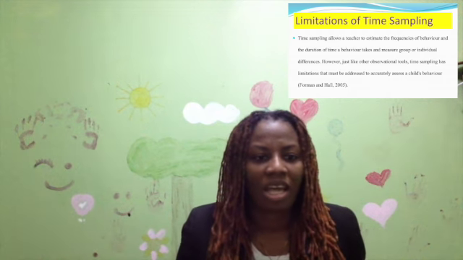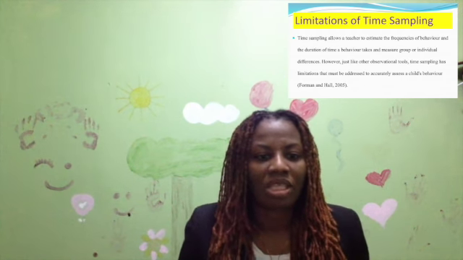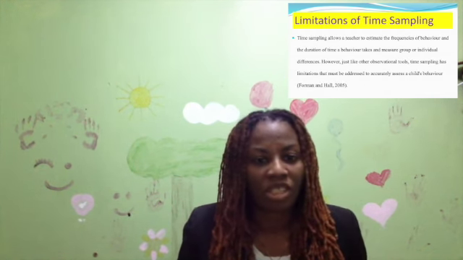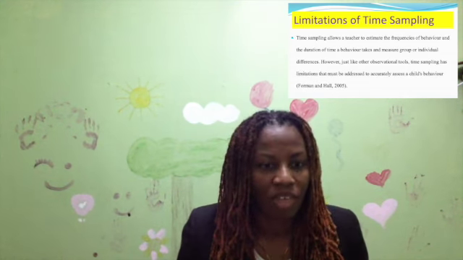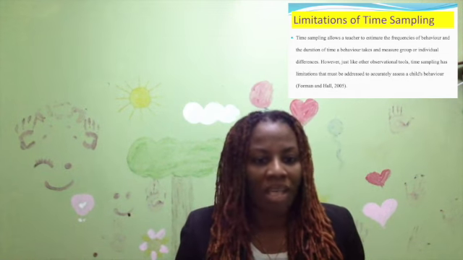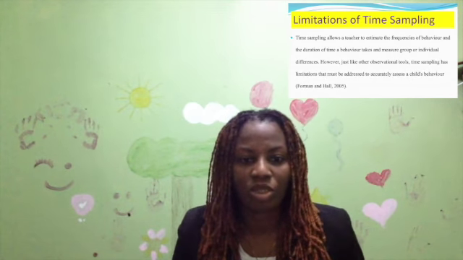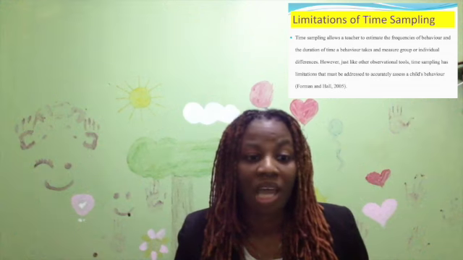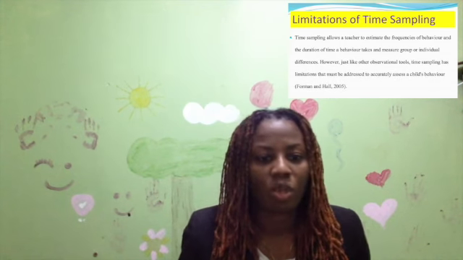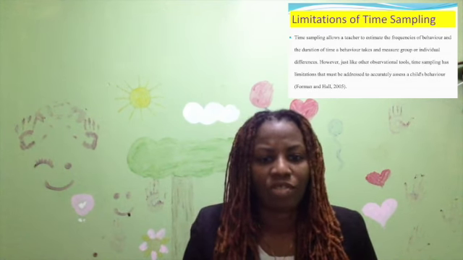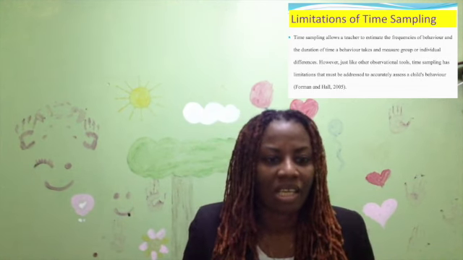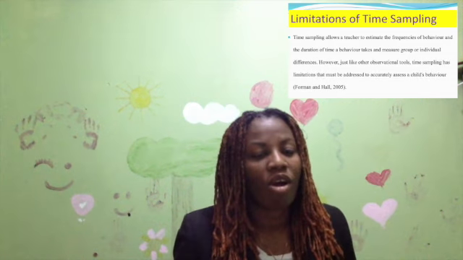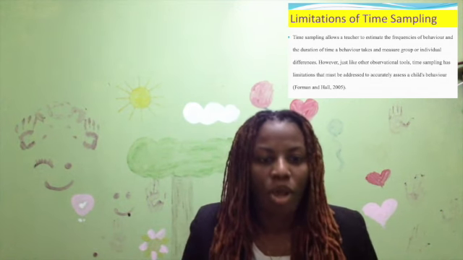However, just like other observation tools, time sampling has limitations that must be addressed to accurately assess a child's behavior. Some of the drawbacks of this type of observation tool are that it can be time consuming and there is too much latitude for errors in the analysis of the data collected, suggested Foreman and Hall in 2005.